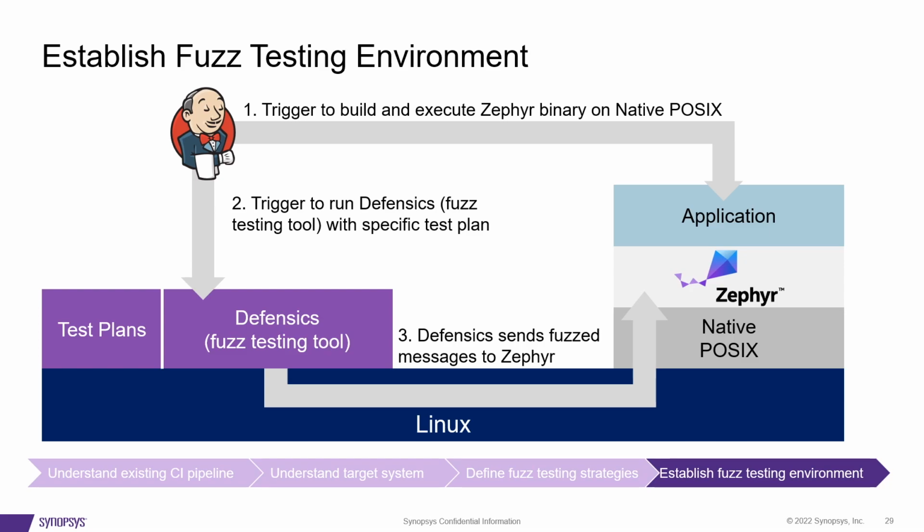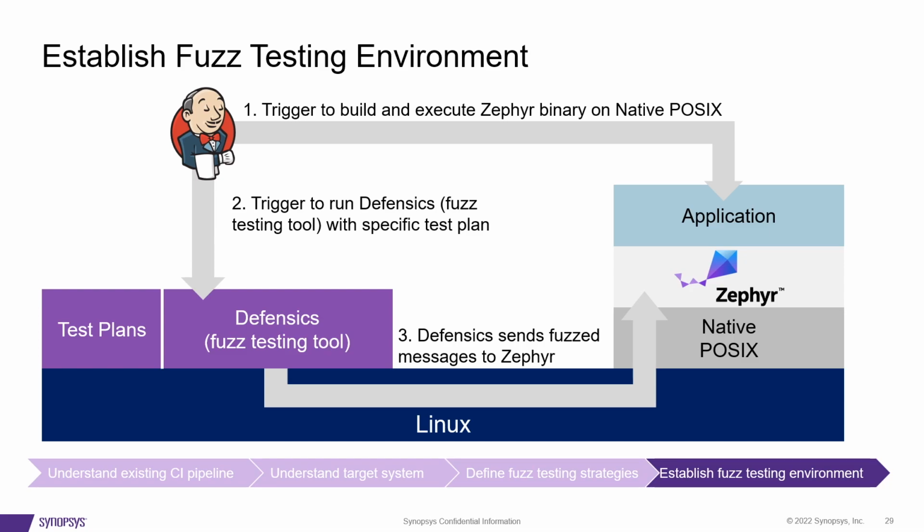And finally, we have our fuzz testing environment. So here we have Jenkins as the automation server. In the first step, it triggers a build and executes Zephyr on native POSIX, as you can see here on the right-hand side. This is running on top of Linux.